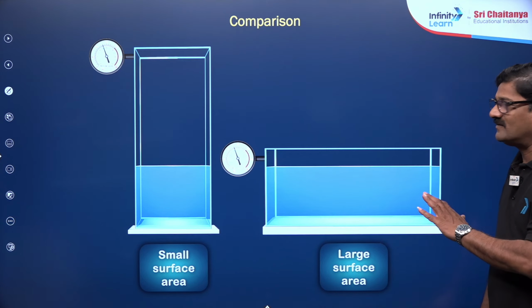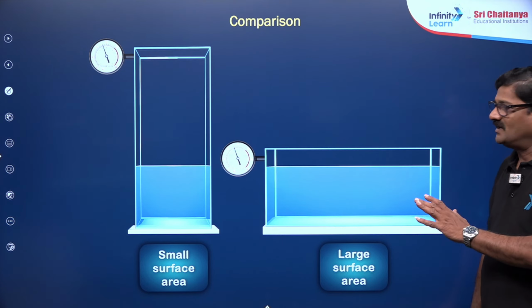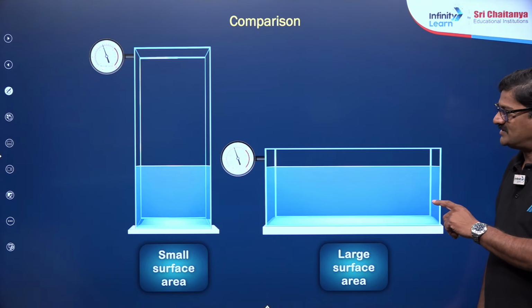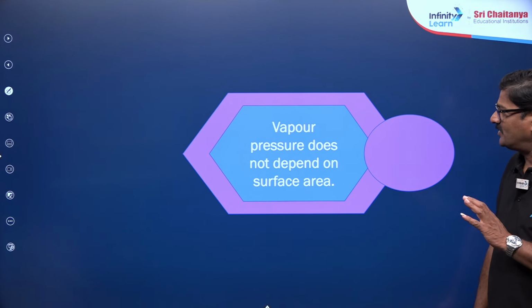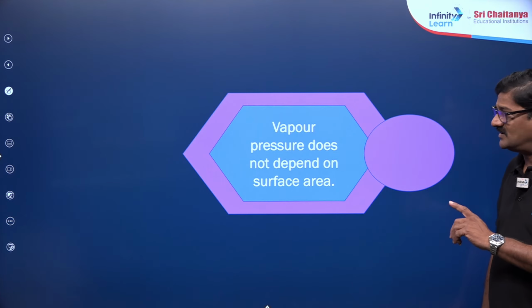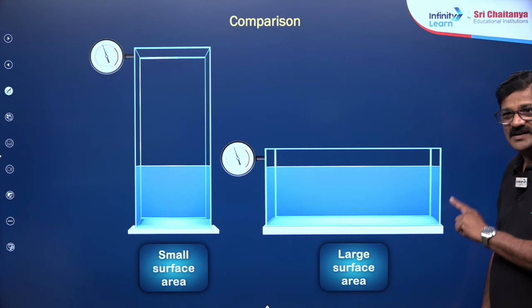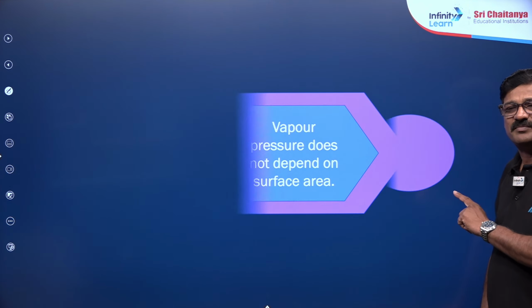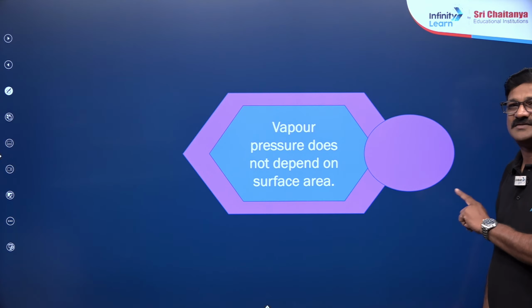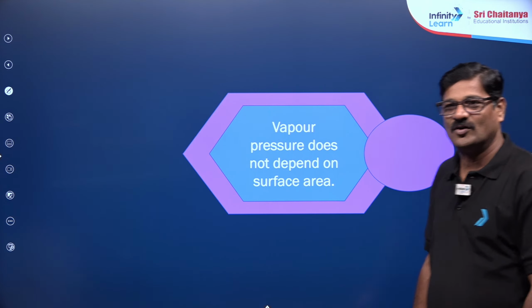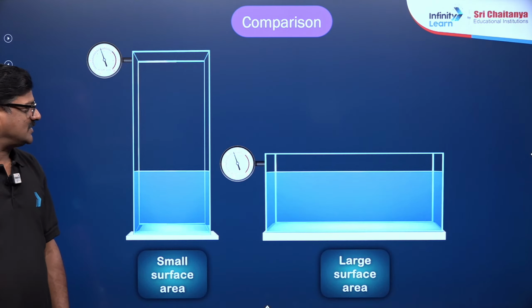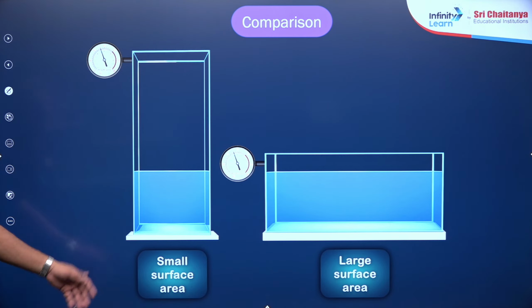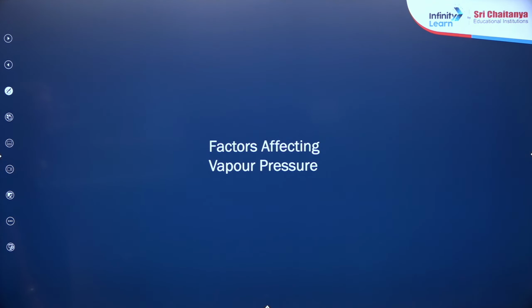It does not depend on the surface area. This picture can tell you vapor pressure does not depend on the surface area. Are you getting it or not? That's good. And also in this comparison of large surface area and small surface area, the same thing is happening.